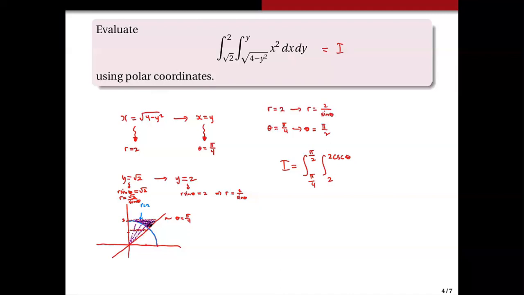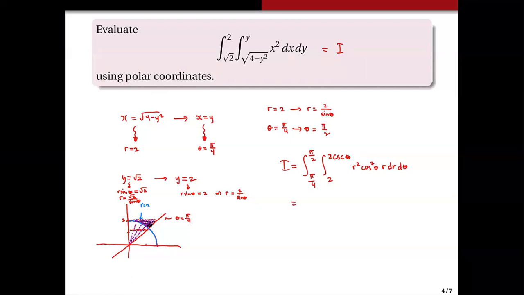And then what is x squared? X squared becomes r squared cosine squared theta, times r dr d theta.